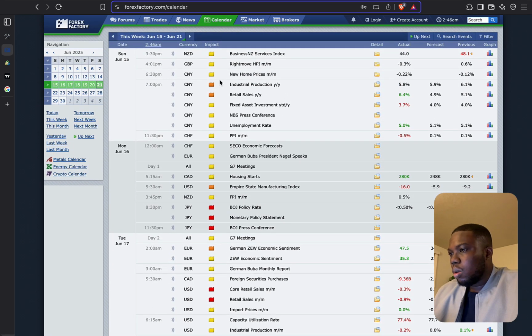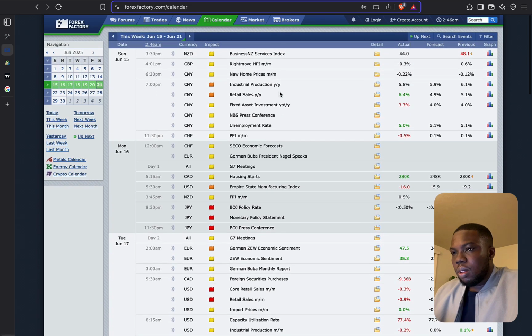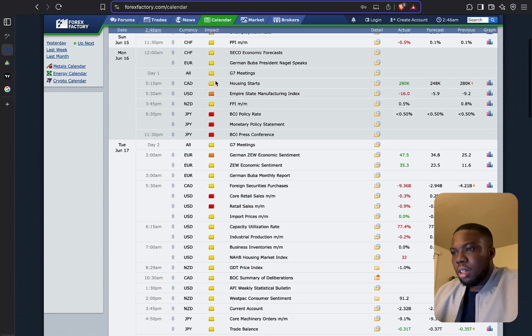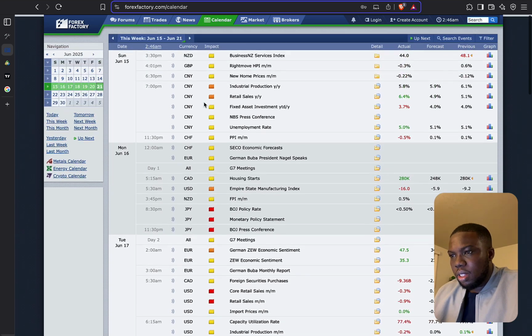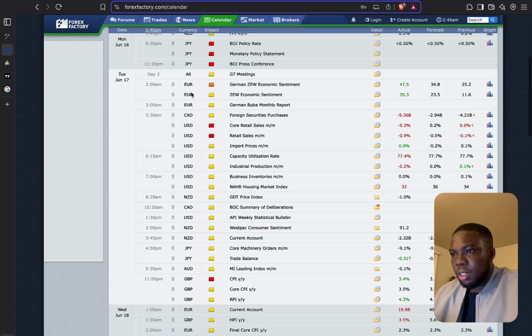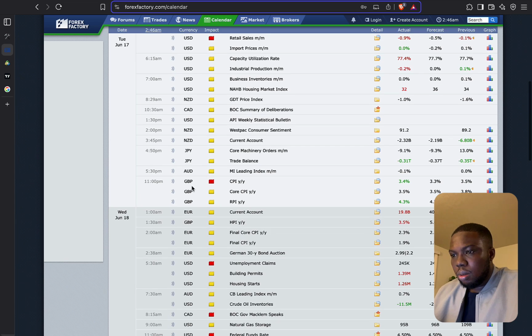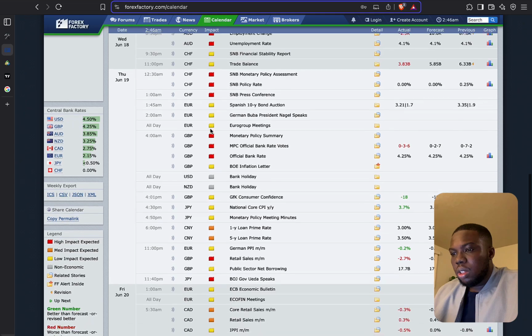You can see how the previous week went. The folders here show impact, and there's a currency. The impact it has on each currency is different, and what we watch out for are red folders. Red folders mean it has a very high impact. So on Monday we had red folder news on the Japanese yen. On Tuesday, red folder news on the US dollar. Red folder news on the British pound, and so on and so forth.